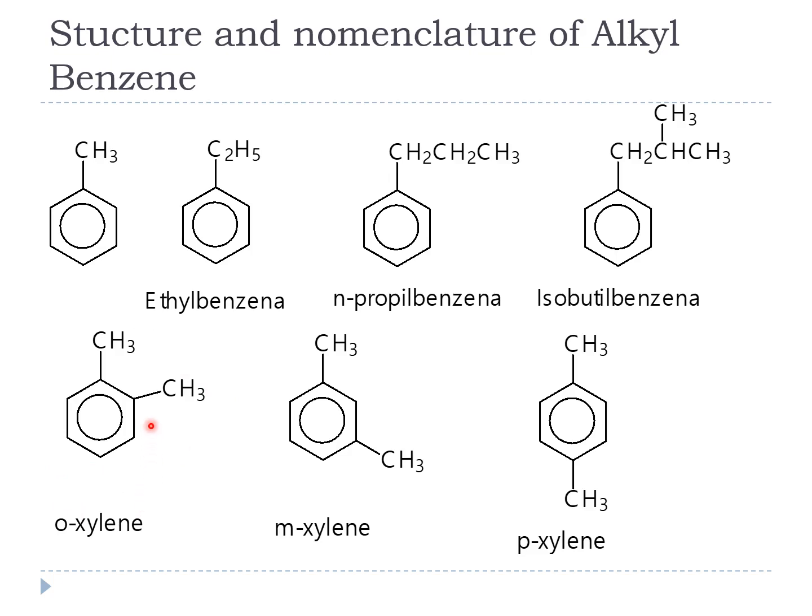If the second methyl group is attached in the ortho position, it's called ortho-xylene. When the methyl group is attached in the meta position, it's called meta-xylene. And of course, when the methyl group is attached in the para position, it's called para-xylene.